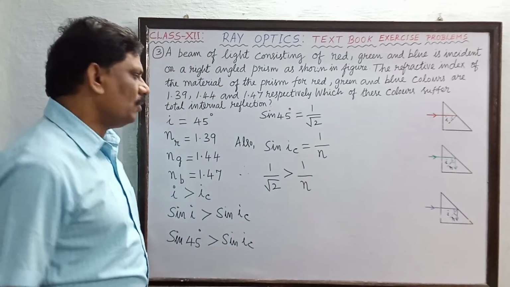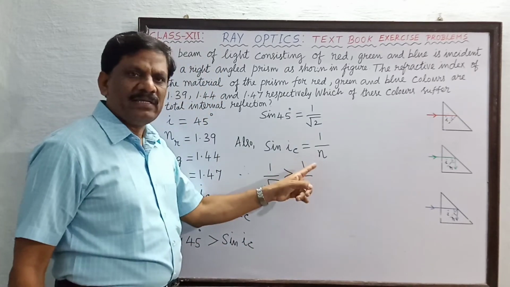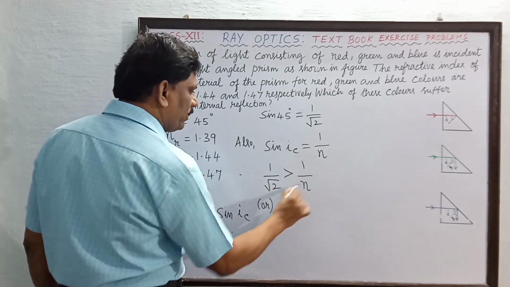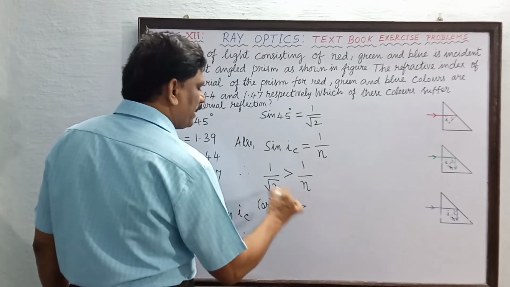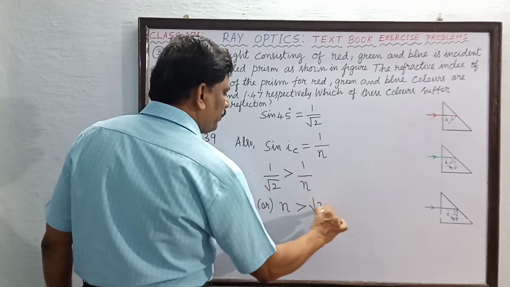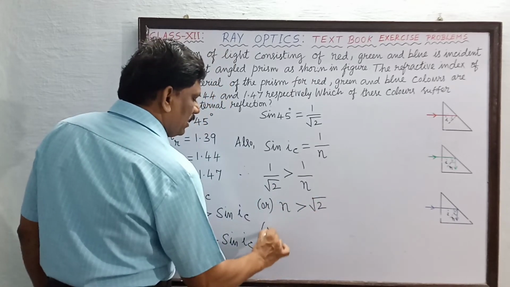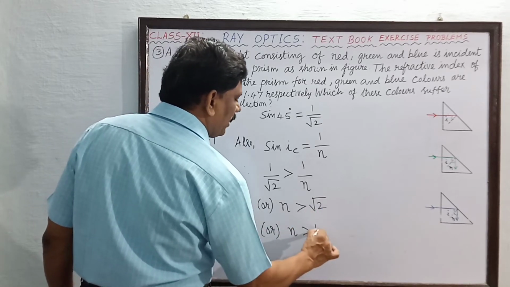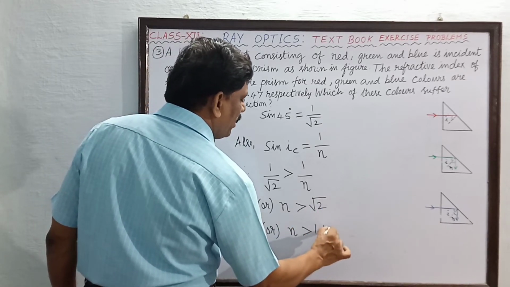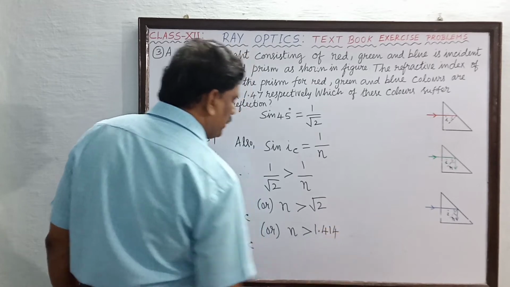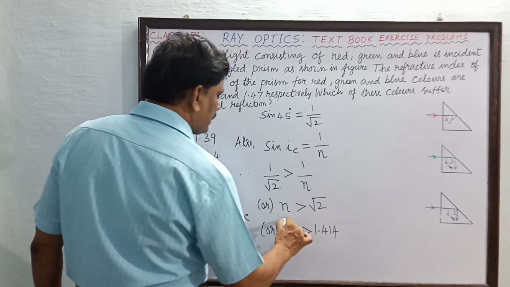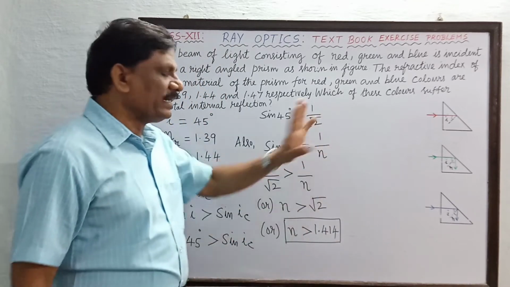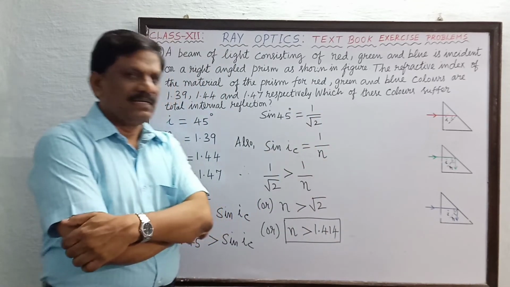Now I will cross multiply, so n into 1 on the left side is n. We can rewrite the same: n should be greater than root 2, or the refractive index of the material n should be greater than square root of 2, which is 1.414. So this is the condition under which total internal reflection will be satisfied.